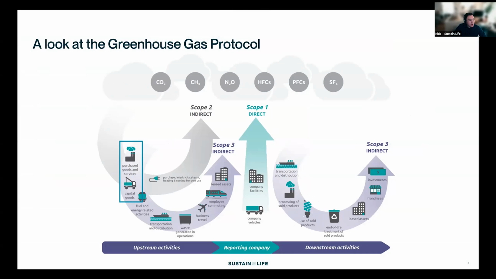The use of sold products is the emissions from all of the products that you have sold and your customers' emissions. So as an example, if you're a vehicle maker, a car maker, your use of sold products is generally pretty high because cars have high emissions because they're burning fossil fuels. Then the end-of-life treatment of sold products is the emissions from when cars are disposed of.